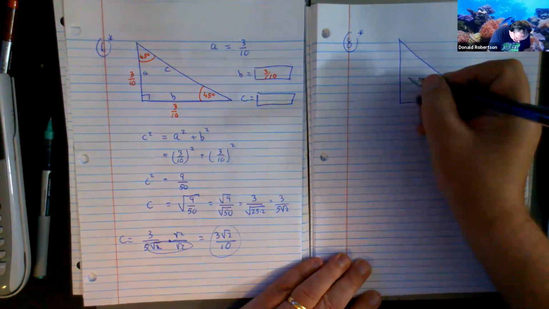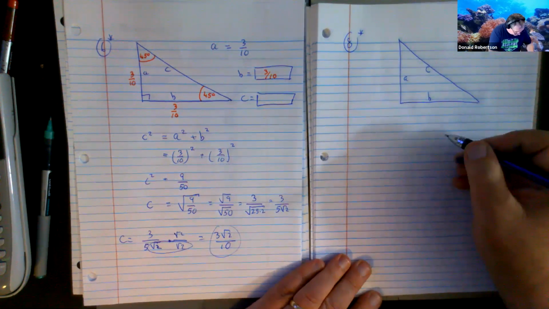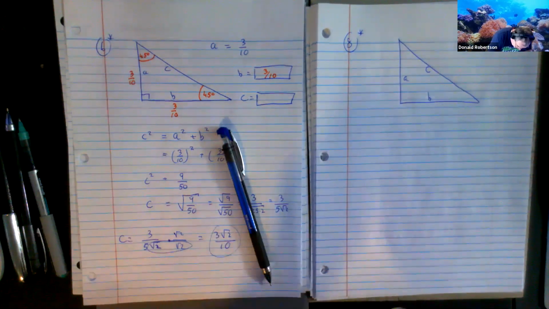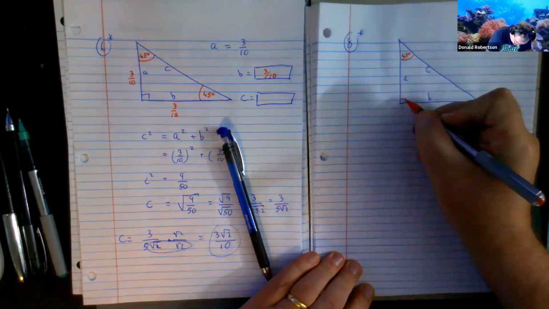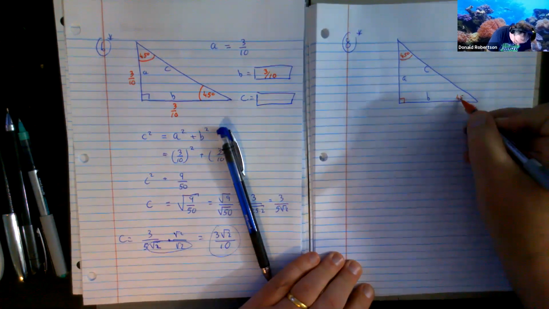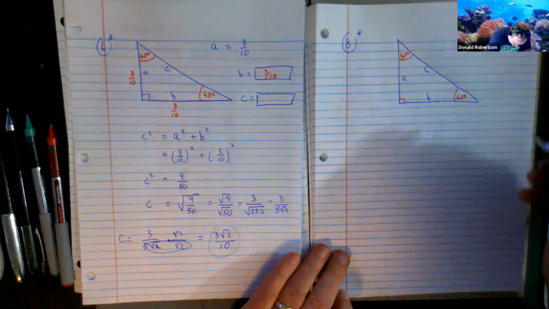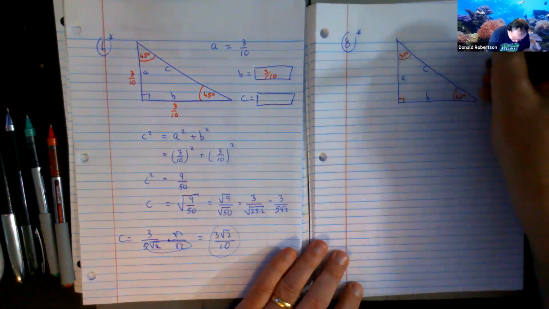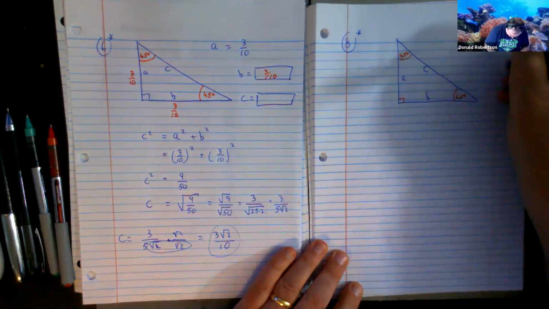So here's A, here's B, here's C. 45 degrees, right angle, 45 degrees. And we are told that A is, yikes, 14 square root of 2.